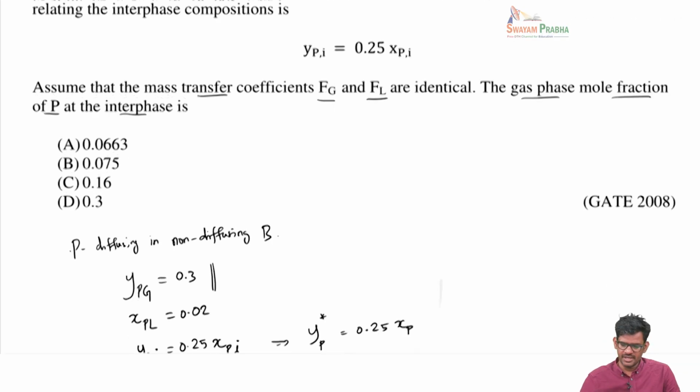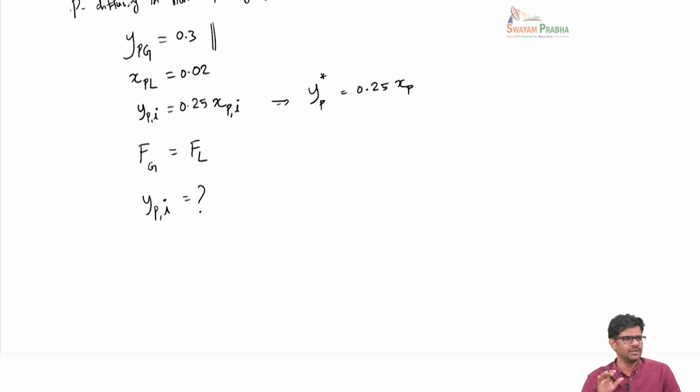So I am going to write the expression for flux using the fundamental law of mass transfer approach, and then solve for the interfacial concentration. That's what is being asked here. There are two unknown interfacial concentrations, XAI and YAI, but there is an equilibrium relationship connecting these two, so I should be able to solve for YAI.